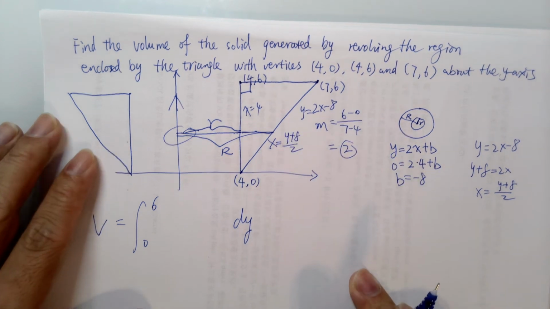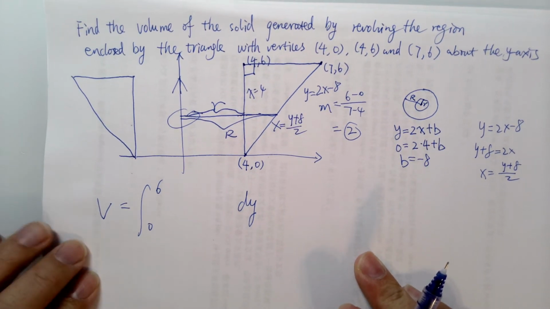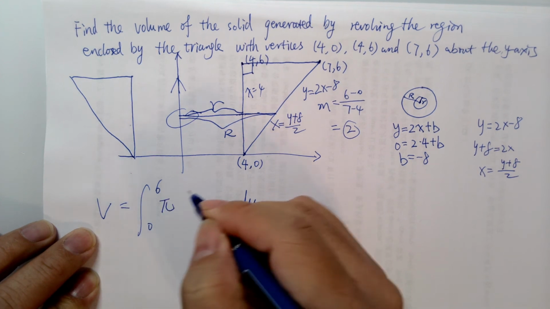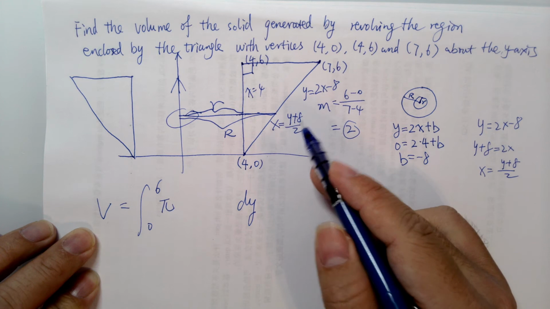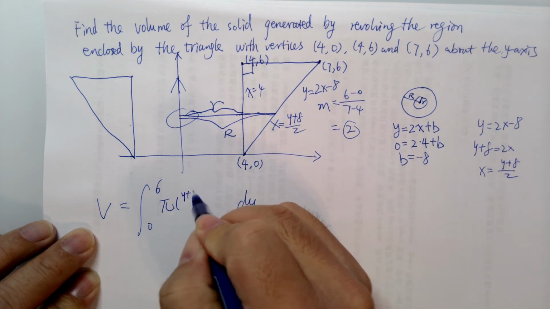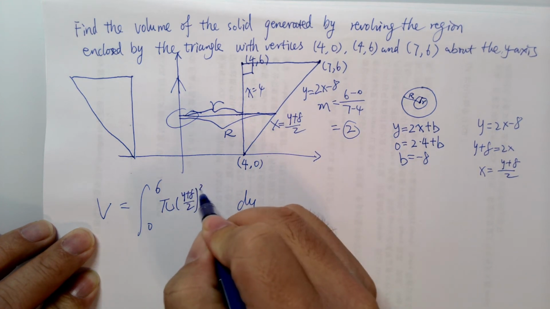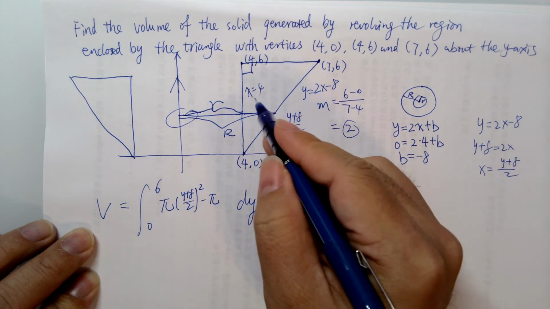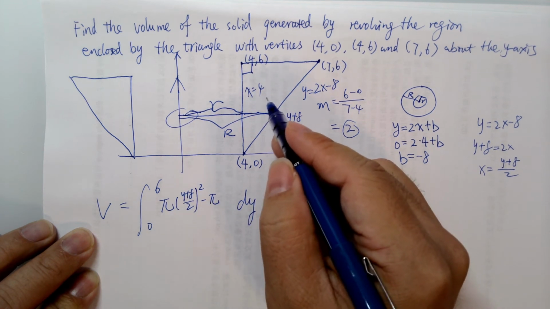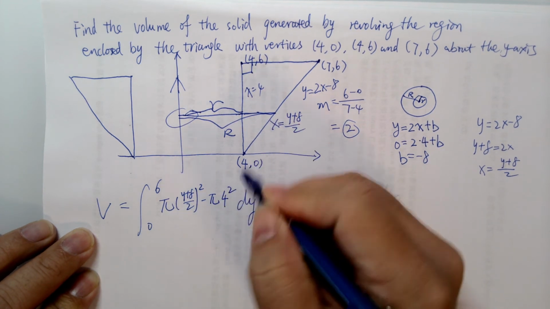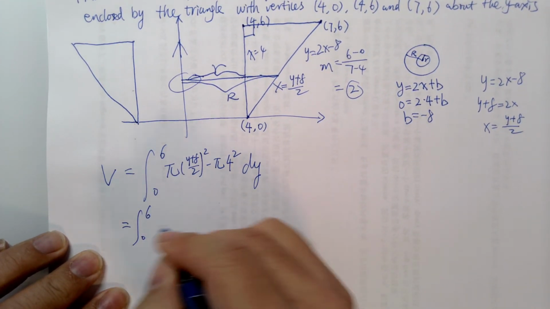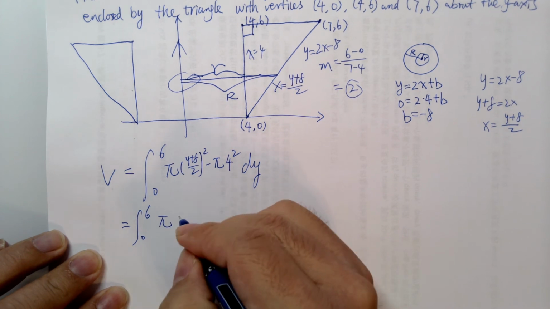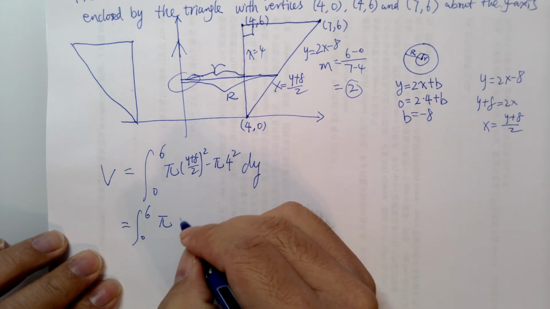Okay. So once we get that, you will see that you're going to have pi times capital R, the larger R squared, which is ((y plus 8) over 2) squared, minus pi times, actually it's 4 squared, right? So you can do something to split this.